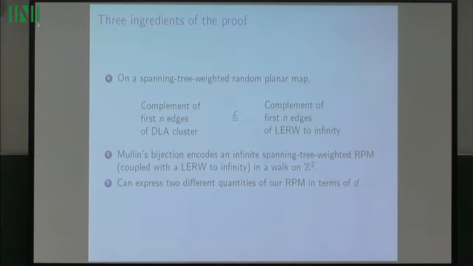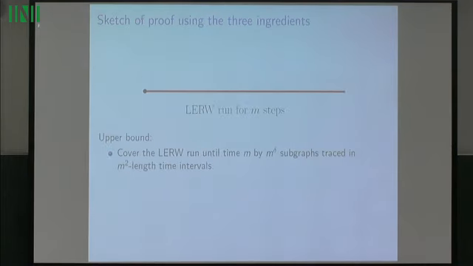Okay, so now we have these three ingredients, and let me sketch how I can use them to prove my result. First, let me prove the upper bound. Again, by the first ingredient, instead of just considering a DLA, I can consider a loop-erased random walk.